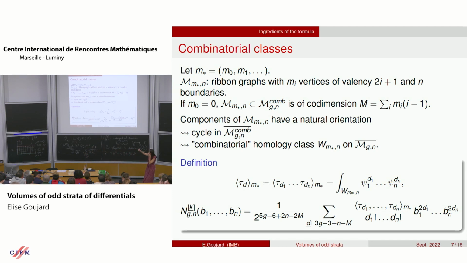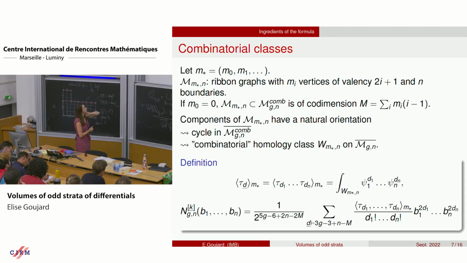I denote this subcomplex by M_{m*,n}. If there are no univalent vertices, this is really a subcomplex of the combinatorial moduli space, and you can compute its codimension in terms of the m_i's.